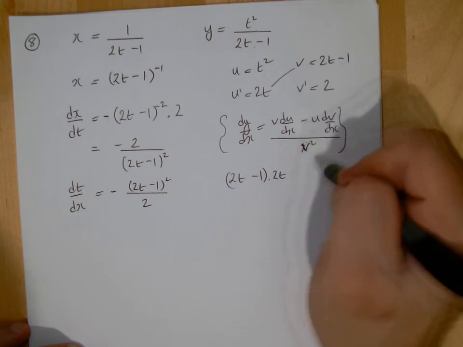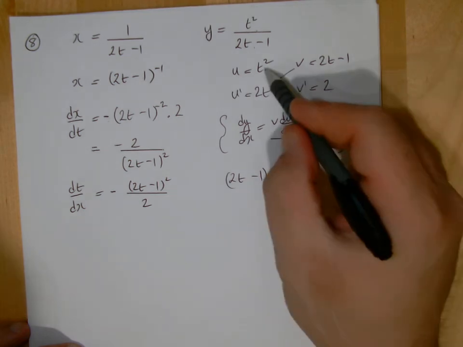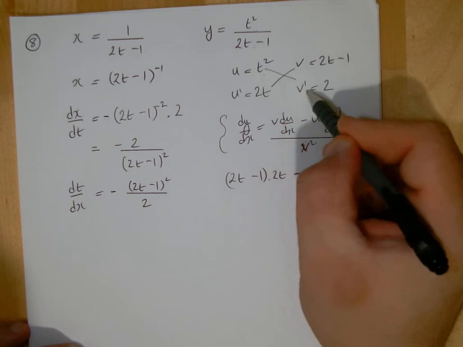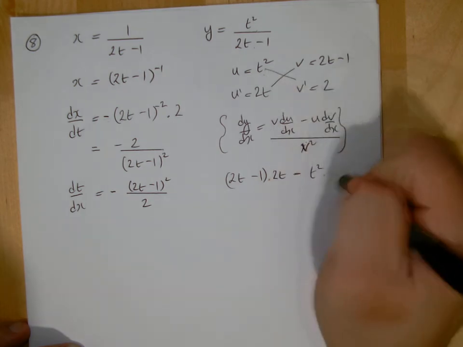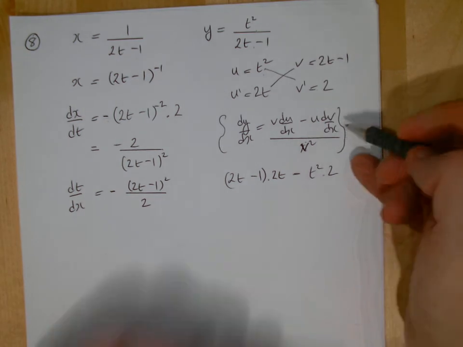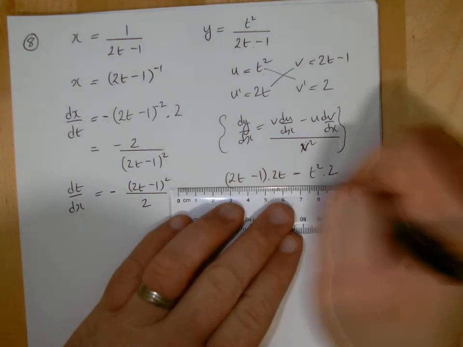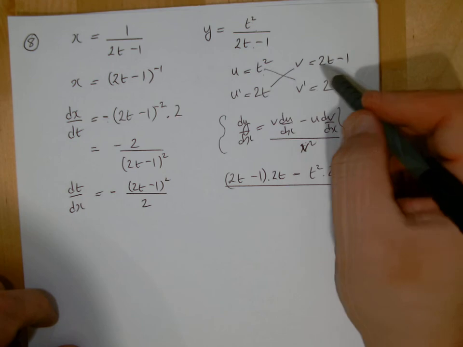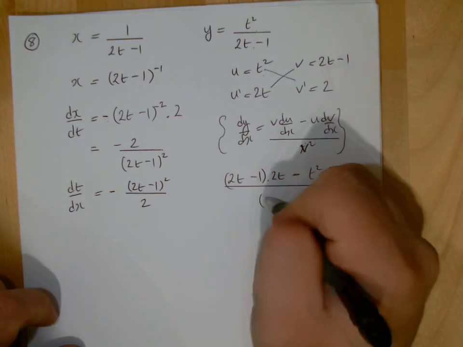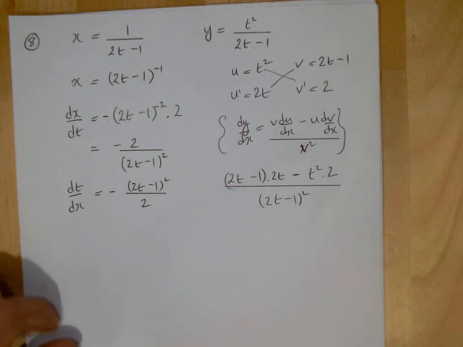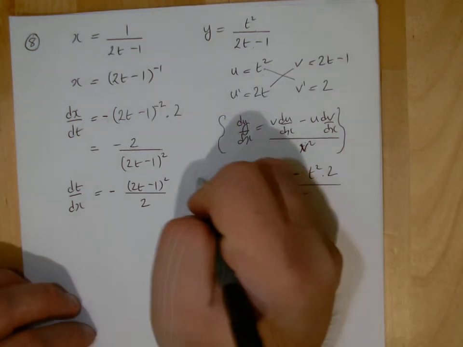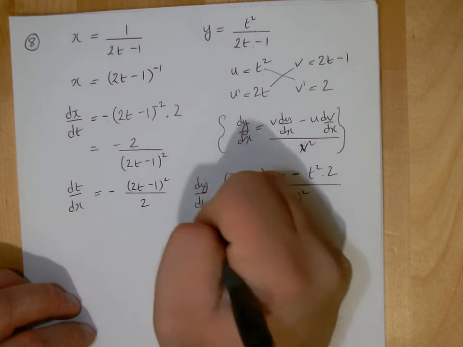Remember then it's a minus u times dv dx or dv dt, so u times that, so t squared times 2, all over then v squared. So you've got to square this. There's your v, so you can square it, and you've got that. Okay, so it looks kind of messy, but that's what dy dt will equal to.